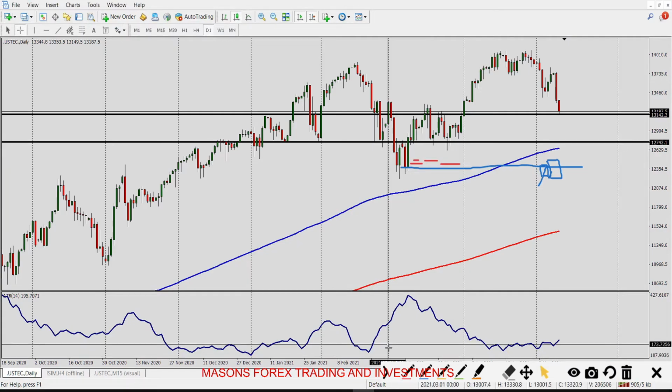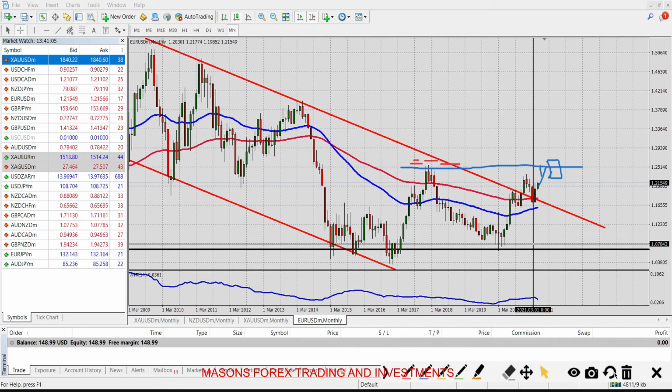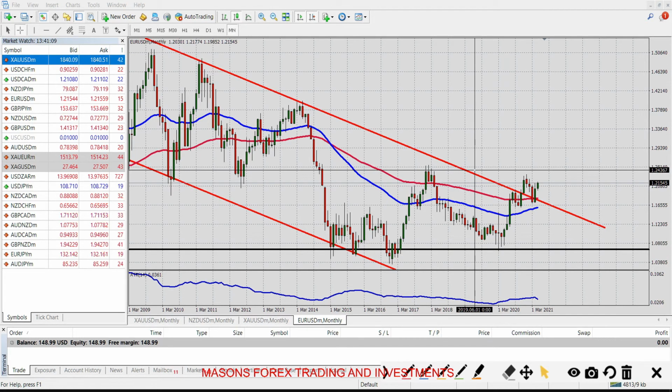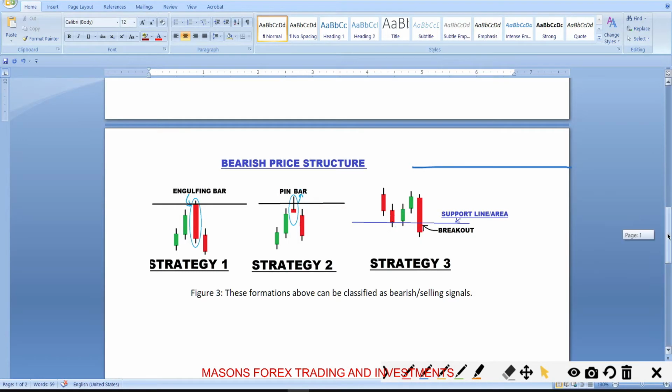So if you go back, this would be an area which we would consider to be, going back to our notes.